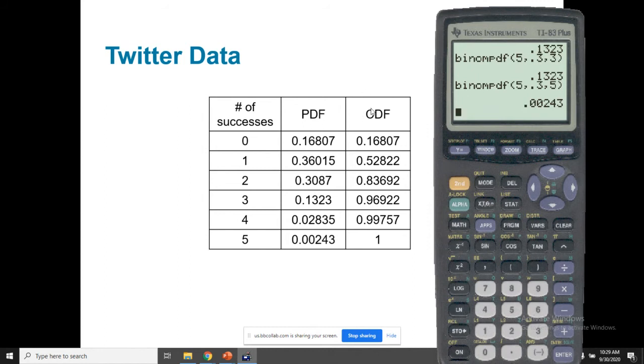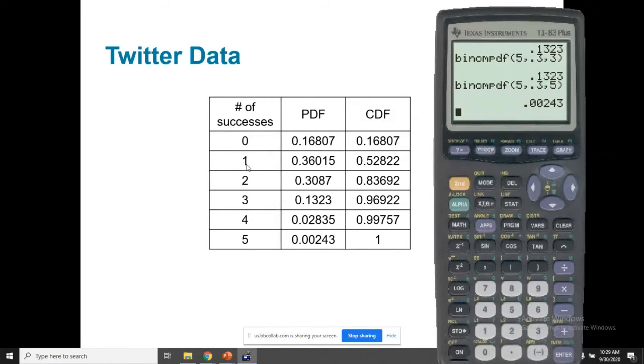Now notice in the second column we have CDF. CDF is the cumulative distribution function. So let's see what makes this cumulative. Well, cumulative means that, notice that for 0 successes, our probability is 0.16807.